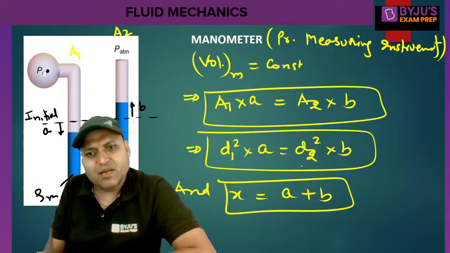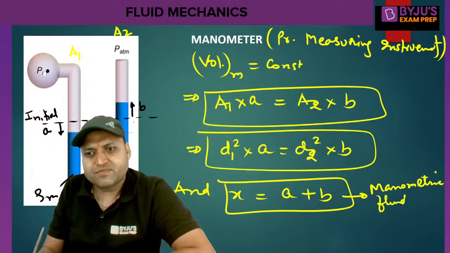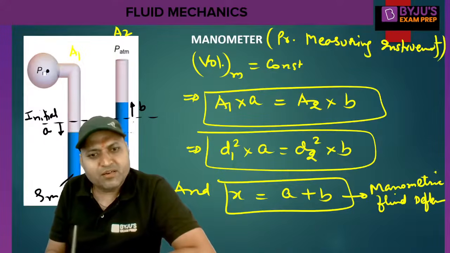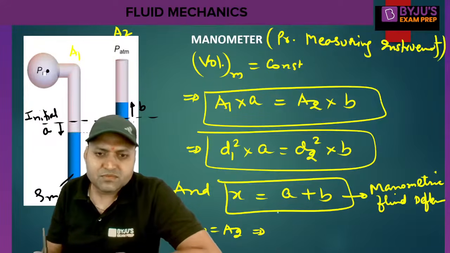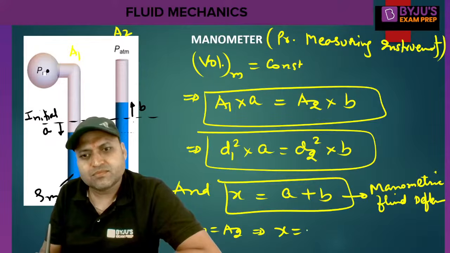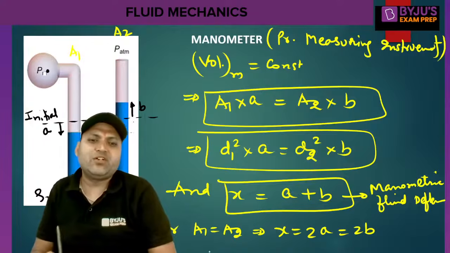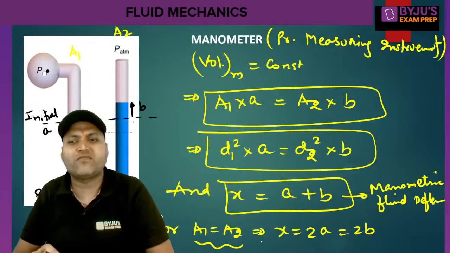That is called the manometric fluid deflection. For A1 equal to A2, x is equal to 2a, which is equal to 2b. So x will be equal to twice of a or twice of b.